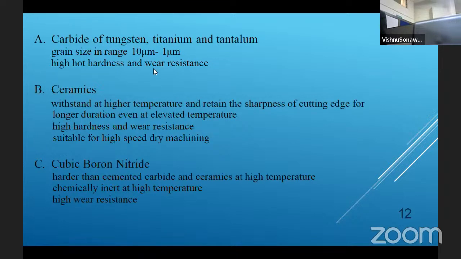When we are using the carbides of tungsten and titanium, the grain size matters. When we are manufacturing the cutting tools using powder metallurgy, these powders are compacted, and the grain size is in the range of 10 micrometers to 1 micrometer.